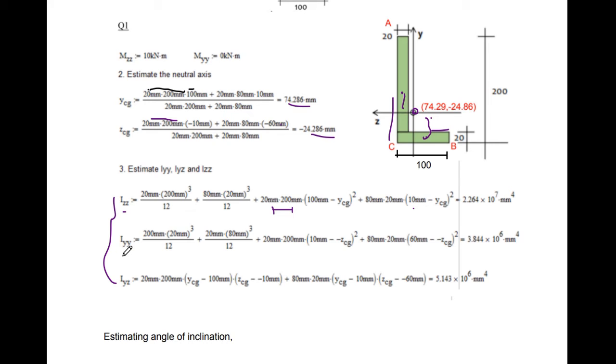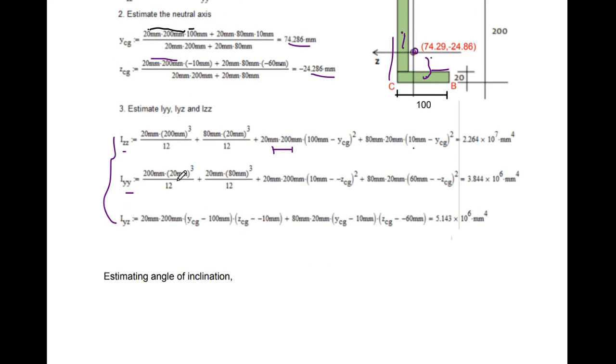In totally similar way, just with the direction changed, we obtain our Iyy: b d square of both beams plus summation of Ai Di square. And for Iyz, the formula is the integral of y z dA. So this is the formula for this.